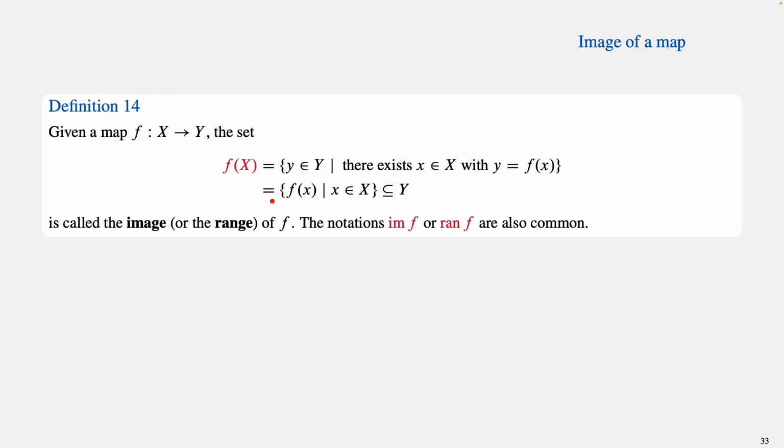And another way of writing this is it's the set of all elements f(x) for x being taken from the set big X, and this is of course a subset of the codomain Y. And I will also use the notation im f for the image of f. The notation ran f for range is also common, but I'm probably not going to use this one.